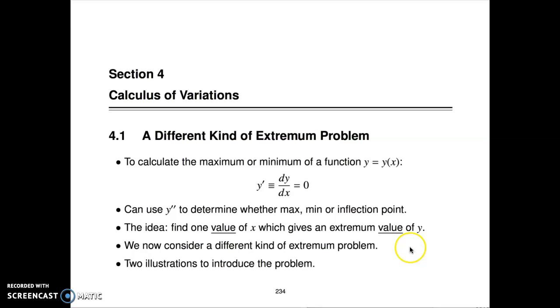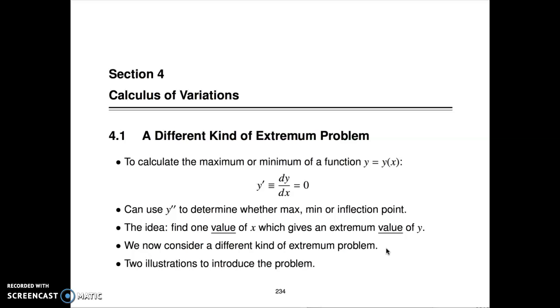The basic idea, though, is you want to find one value of x that gives an extremum value of y. Extremum just means maximum or minimum. You've done lots of problems in your calculus courses where you maximize or minimize functions.